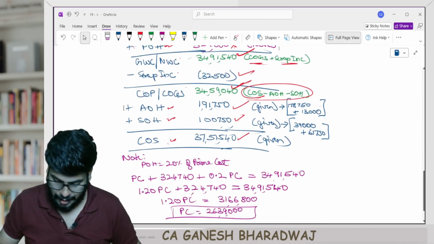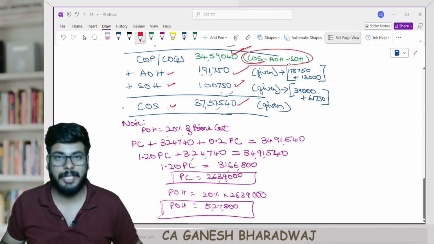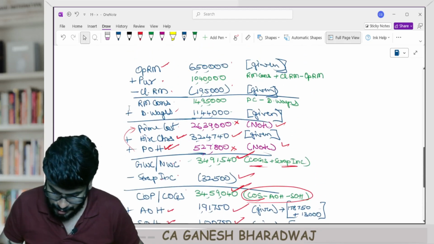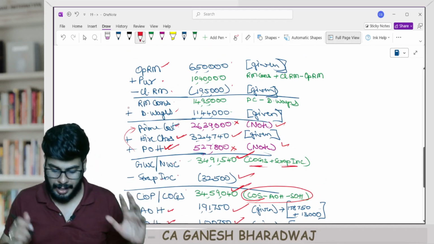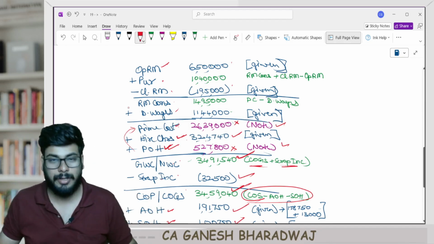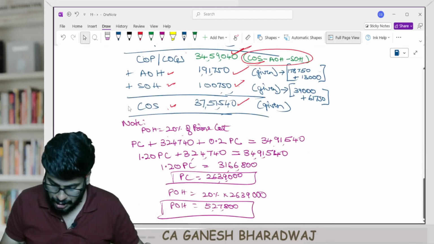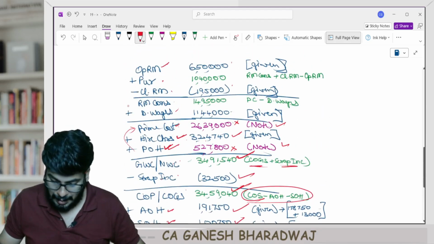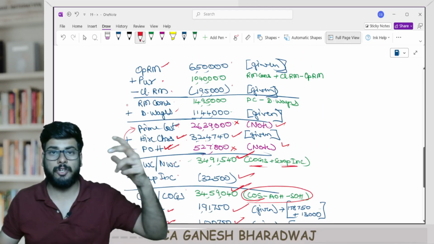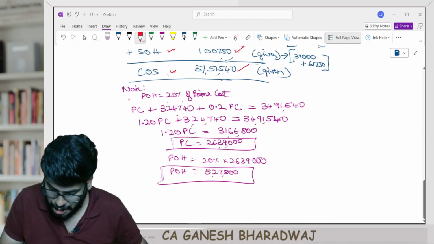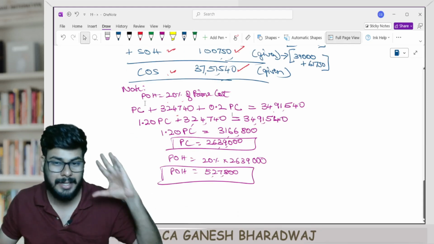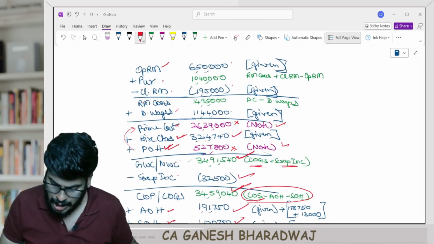So can I say here, POH is 20% of prime cost. In other words, prime cost, we don't know the figure yet, plus 3,24,740 given in the question, plus production overheads, which is 20% of prime cost, plus 0.2 PC. PC stands for prime cost. Plus 0.2 PC gives you how much?